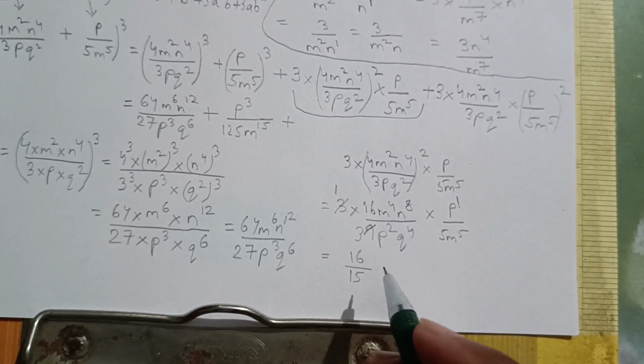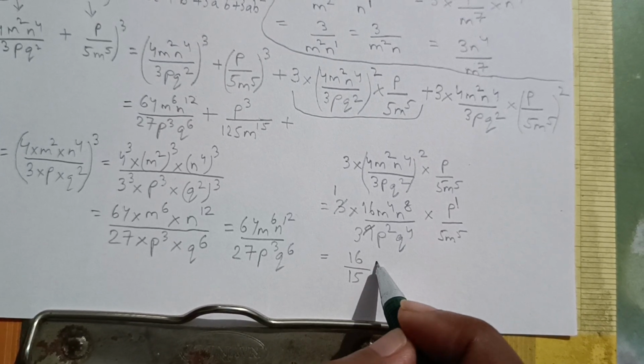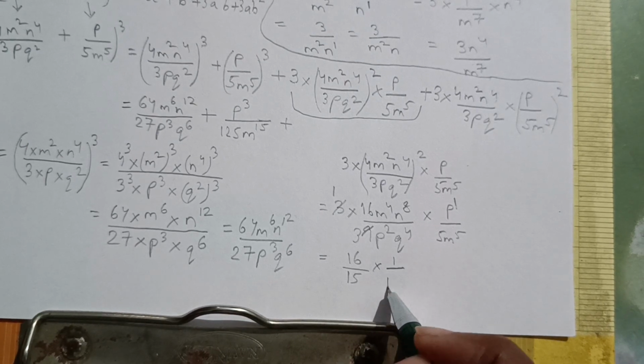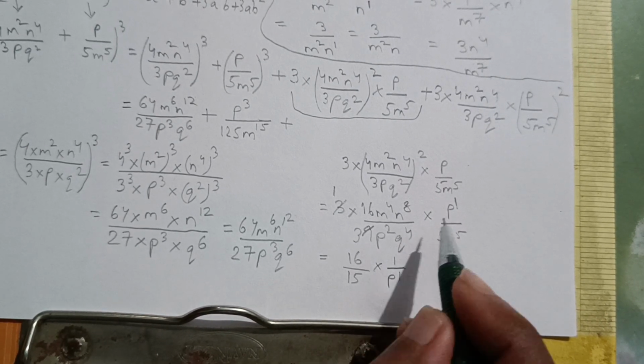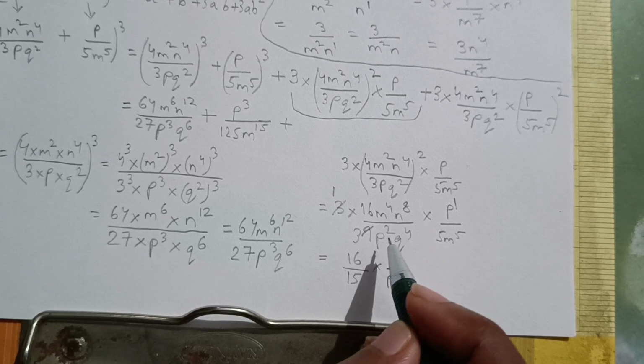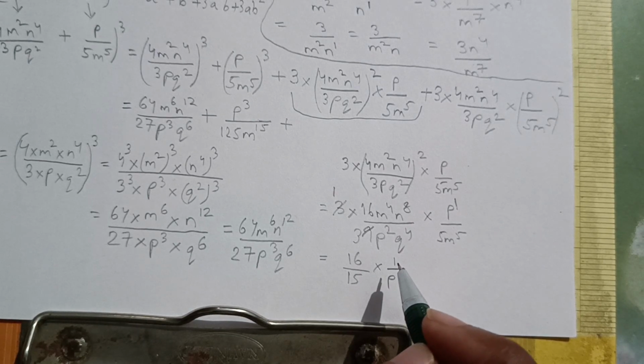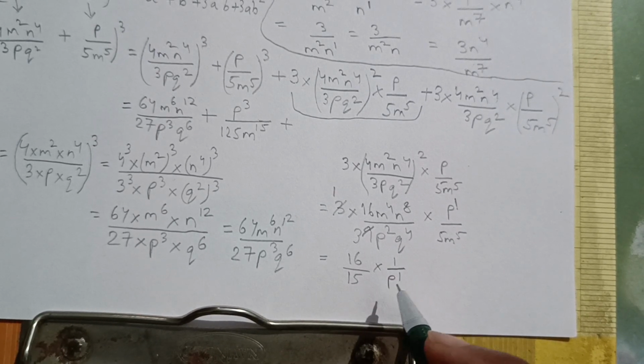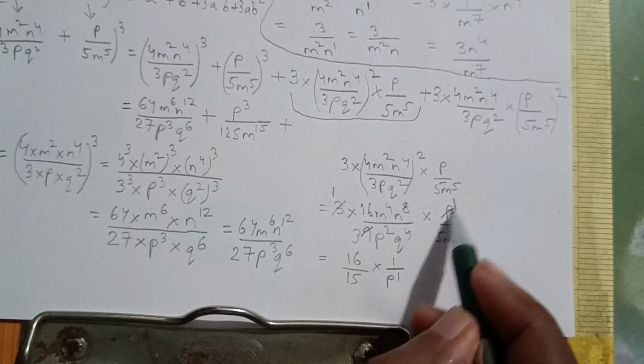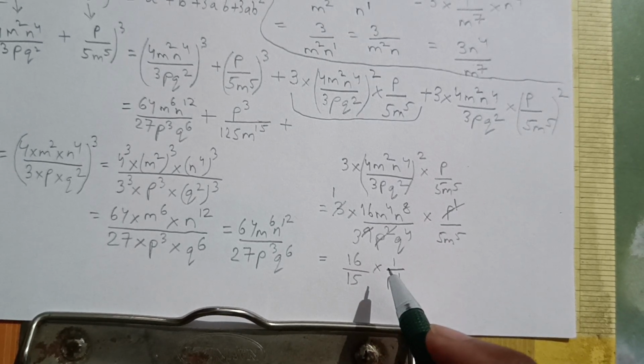P to the power minus 1, I can write it with positive powers as 1 upon p to the power 1. So this has been solved.